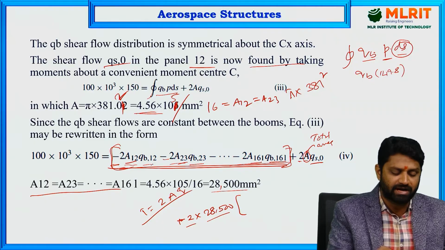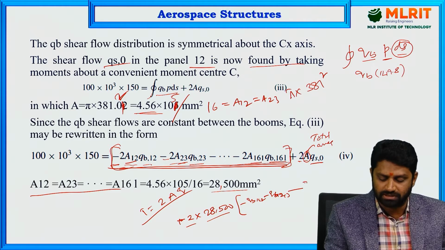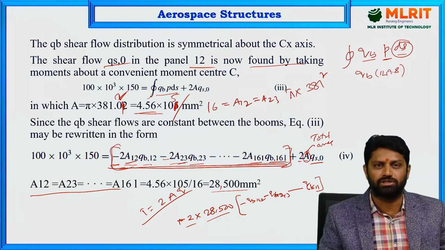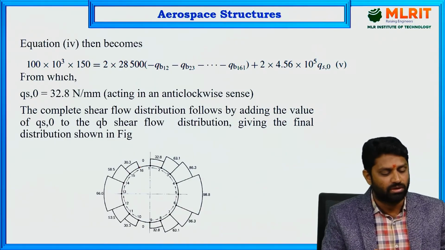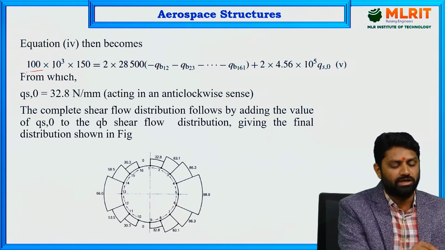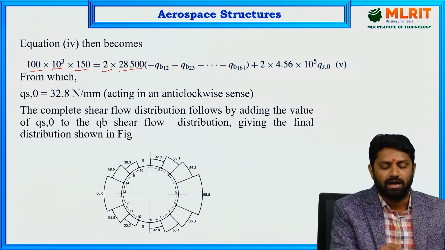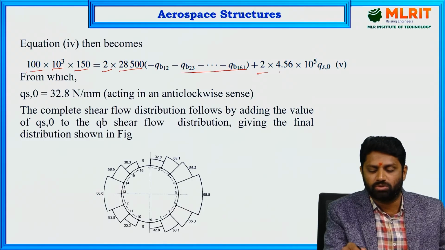You can straight away add the shear flows, that is minus QB12, minus QB23, and so on up to QB16. So in the tabular column we got all the shear flows, you can add them and write the value here, and therefore you get 100 into 10 to the power of 3 into 150 equals 2 into 28,500, which is taken common, and then all the shear flows can be added here, plus 2AQ, 2 into area of the total cell, that is 4.56 into 10 to the power of 5 into QS naught.